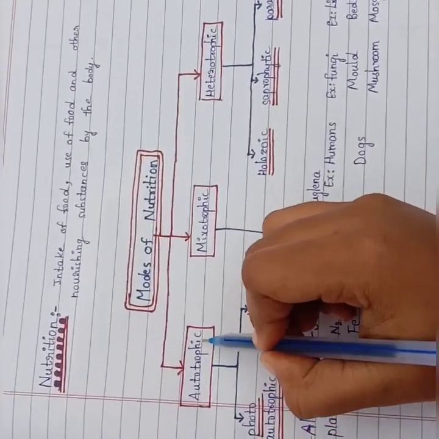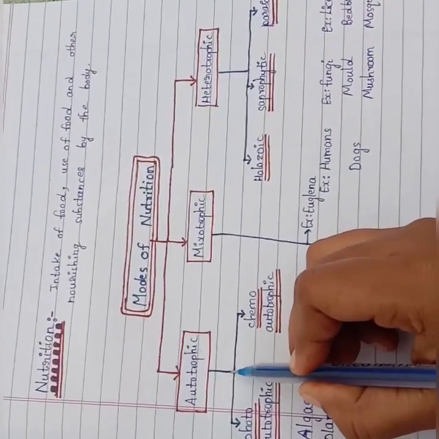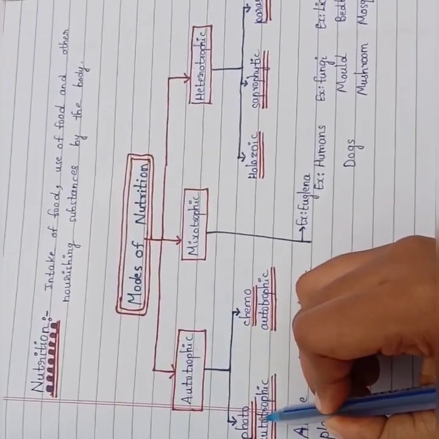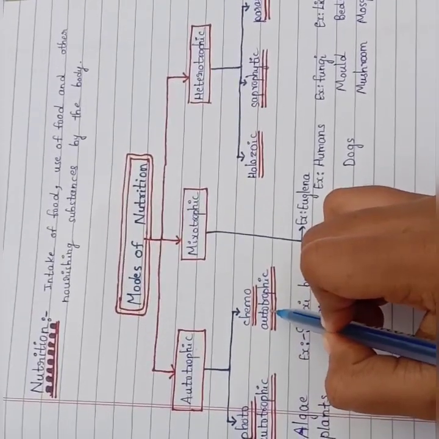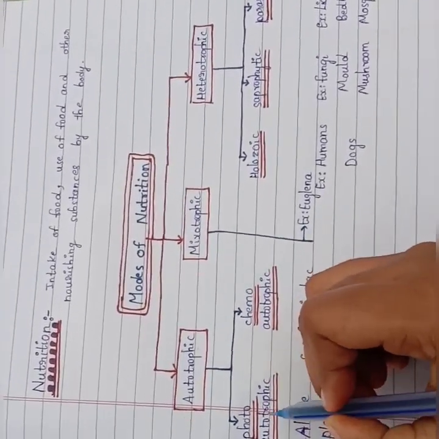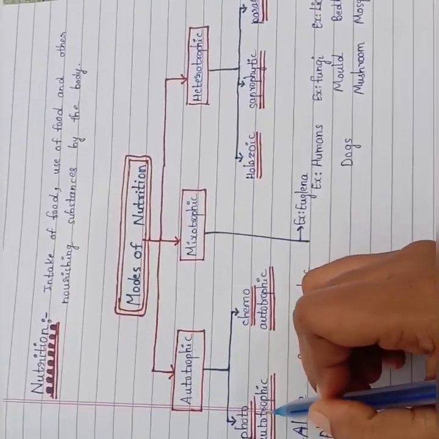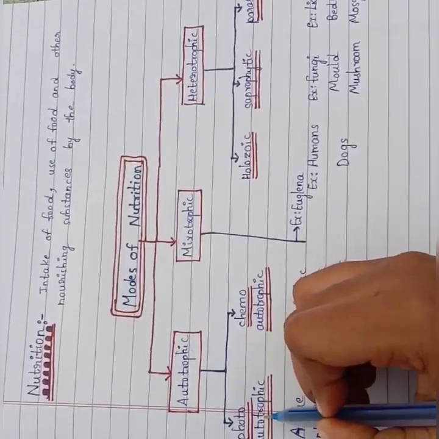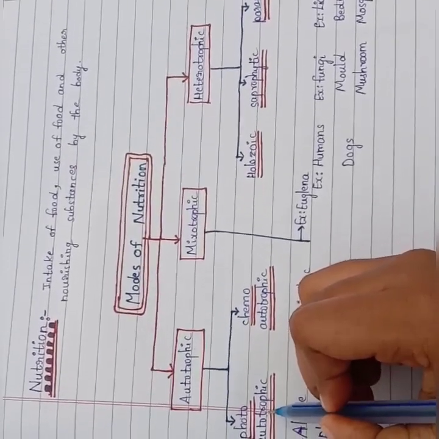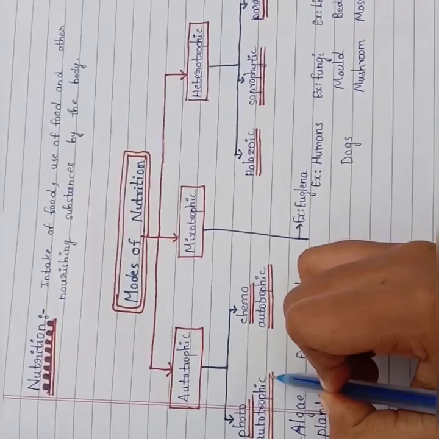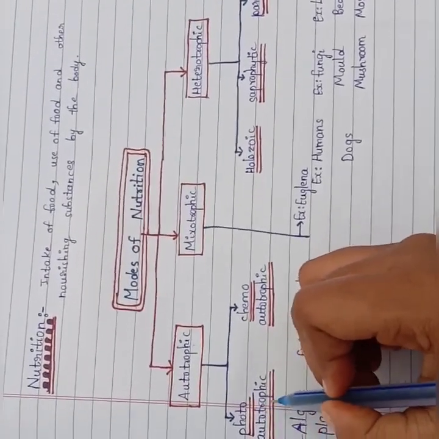The autotrophic organisms can be broadly classified into two types: photoautotrophic organisms and chemoautotrophic organisms. First of all, let us know what are photoautotrophic organisms. The autotrophic organisms that prepare their food by using sunlight are called photoautotrophic organisms.